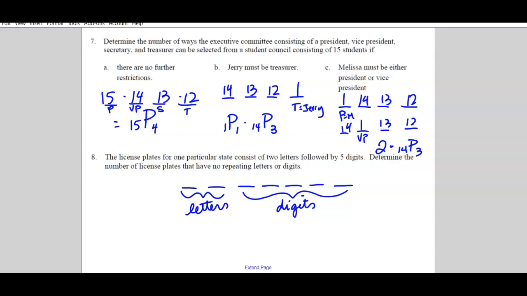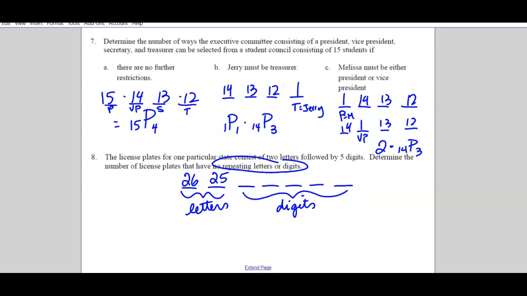Okay, so letters in the alphabet, how many? Everyone knows there's 26 letters in the alphabet. Okay, and it says no repeating letters or digits. We do need to know that, because it's not saying this particular word made up of those letters. It's saying they're made up of letters, so we have to be told that there's no repeating. If there were repeats, this would be 26 and 26.